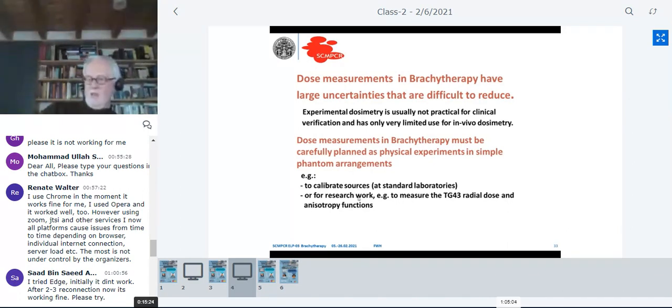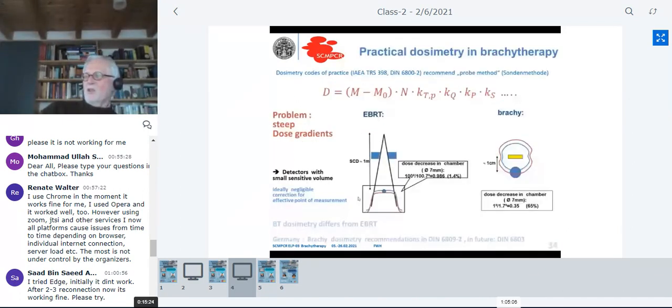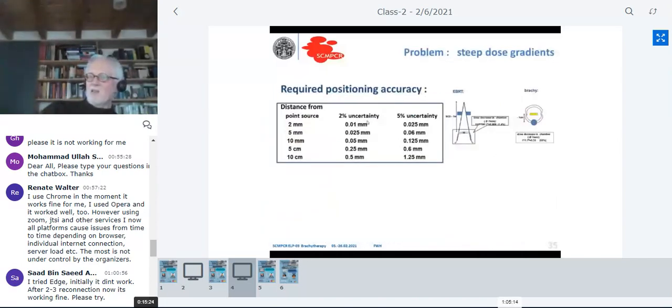And just a short fly through what the reason is. The reason, again, is the steep dose gradient, which means that you need an extremely high positioning accuracy. You need to position both the source and the detector with an accuracy of something like 1/100th of a millimeter to get 2% uncertainty.